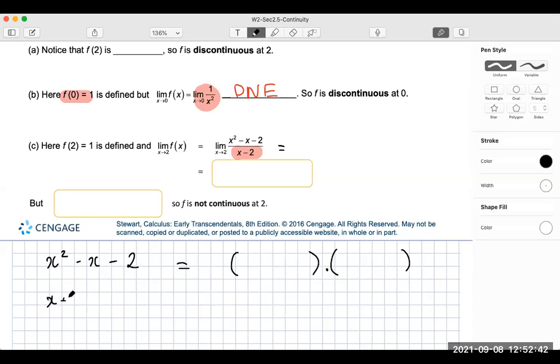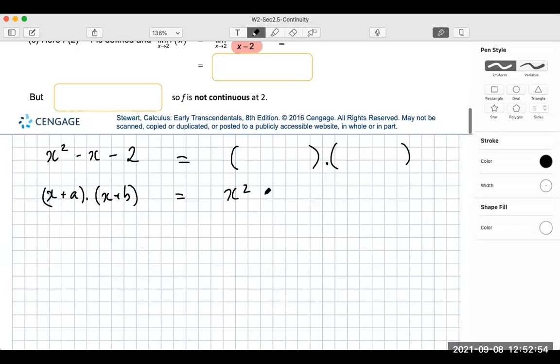Remember, just a reminder, x plus a times x plus b. When we distribute this, what is it? What is the last term? Okay, remember it? Now we do the reverse order.